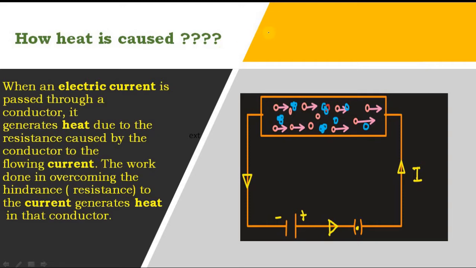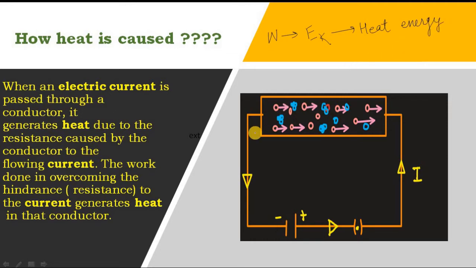So the work done by these electrons to move in forward direction gets changed into kinetic energy of these particles, and that kinetic energy of the particles present inside the resistor changes into heat energy.